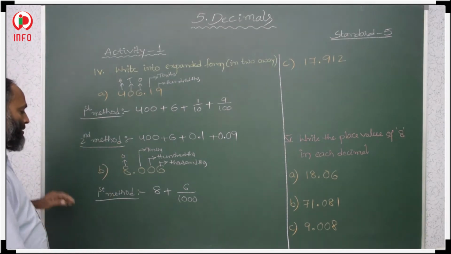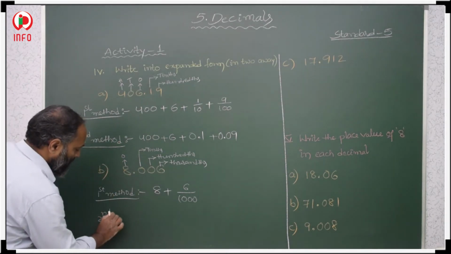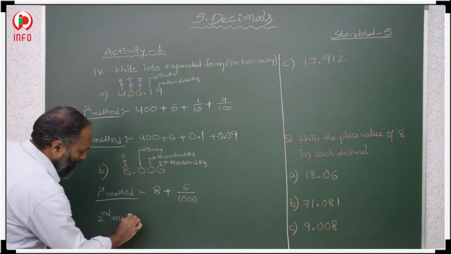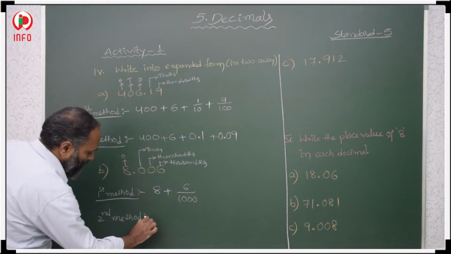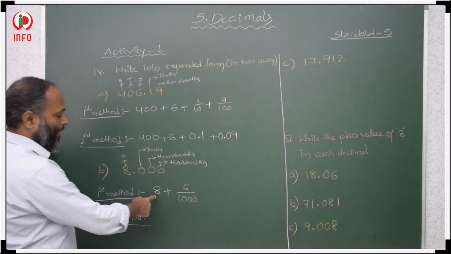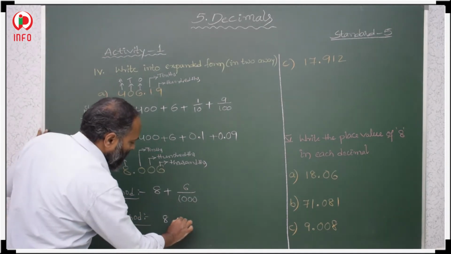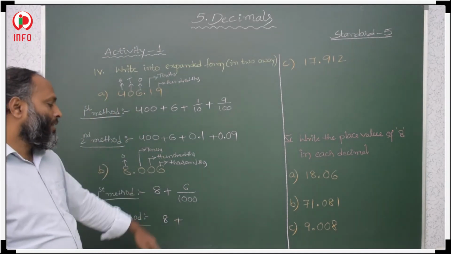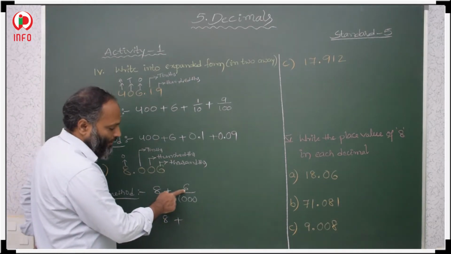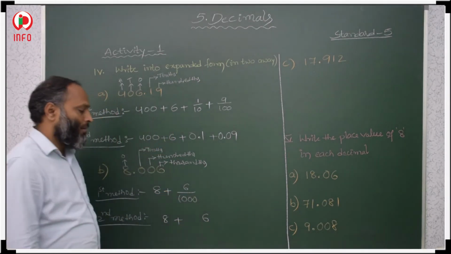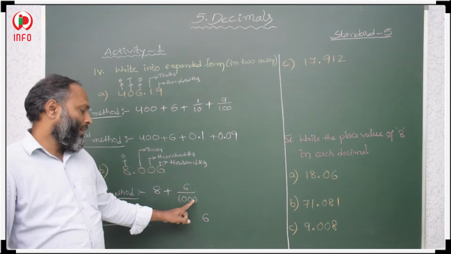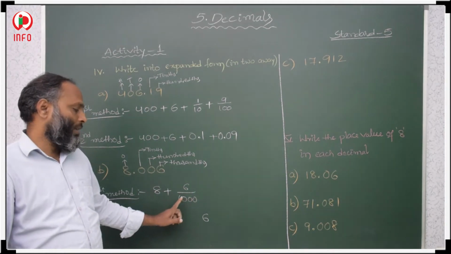This is the first method. Second method, then 8 as it is, plus. Then 6 by 1000 is there, first you take the numerator. In the denominator we have 3 zeros, 1, 2, 3.